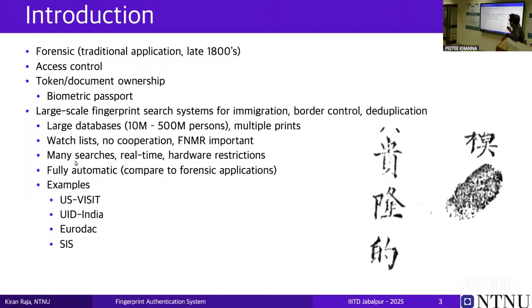So in forensic applications it's not just the machine that is making the decision, but there are also forensic examiners who sit and try to match and compare. There is a very big research field going on there, but unfortunately there is not enough manpower to automate all these processes.